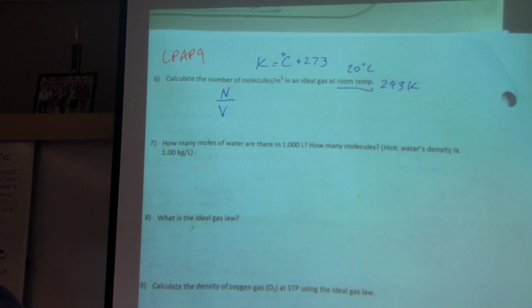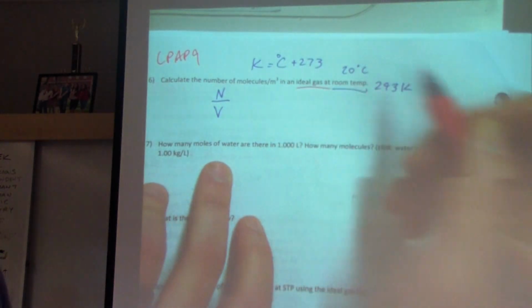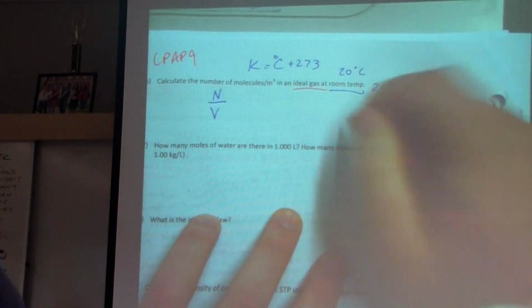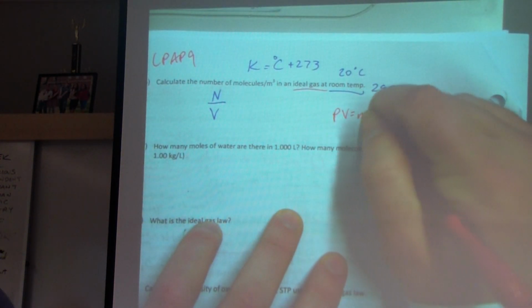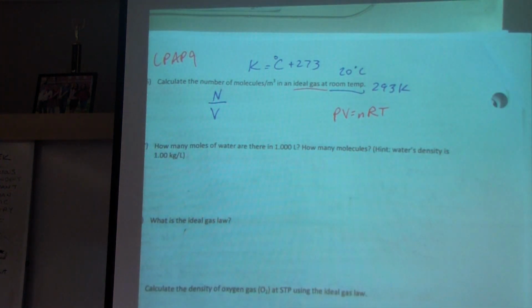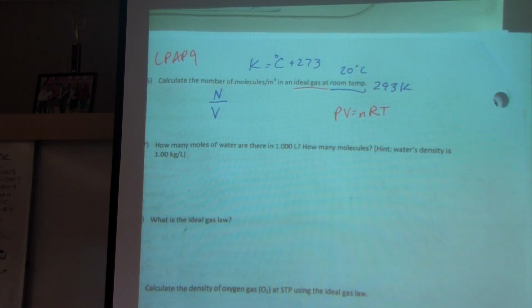Anyway, so how do you solve this problem? It says ideal gas, right? So immediately you should say, okay, PV equals nRT. That might help us.